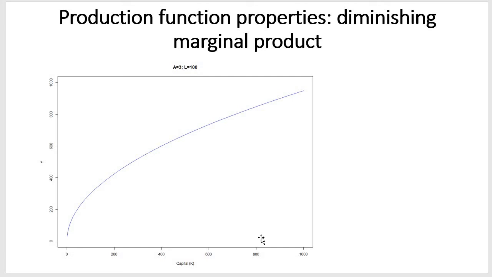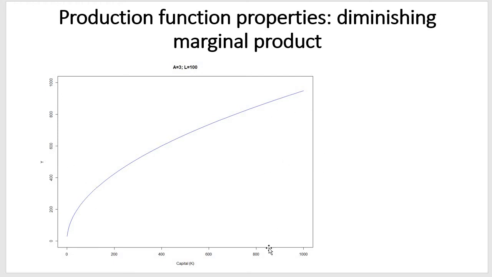So this function is indeed increasing, which means that if you increase the stock of capital, which is a production input, output will increase, which I believe makes sense because capital is a production input. However, as you can see, the slope of this function diminishes, which means that when the stock of capital is relatively low, each additional unit of capital is associated with a relatively big increase in output.